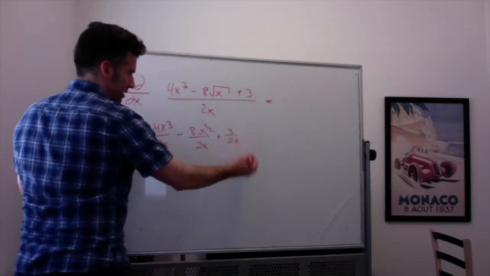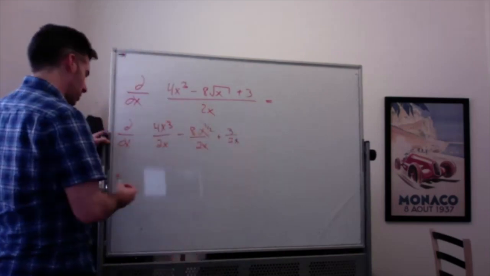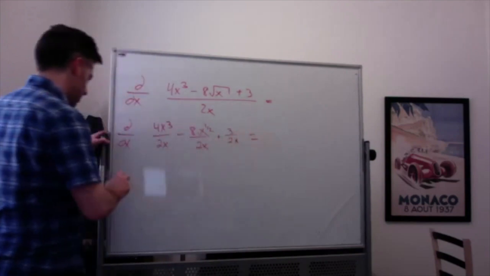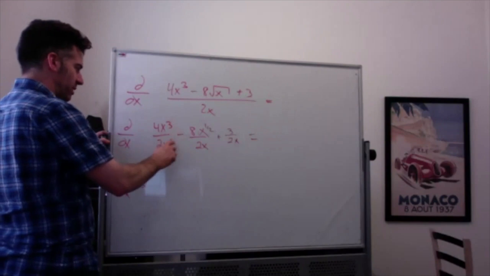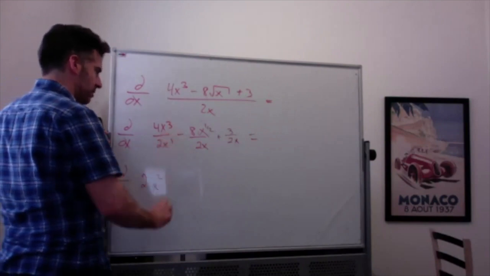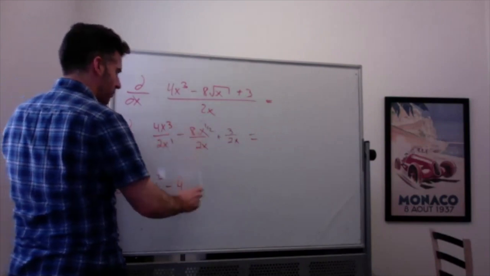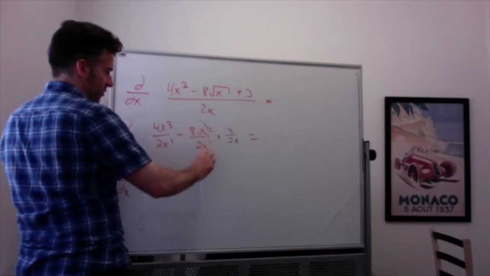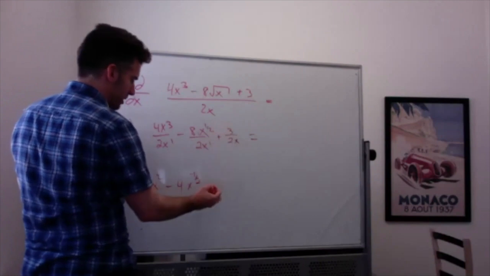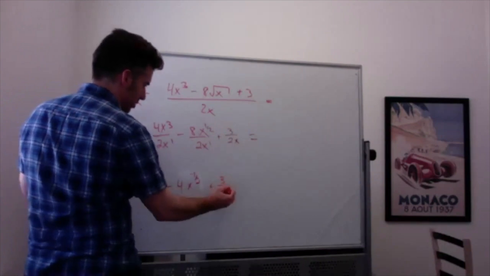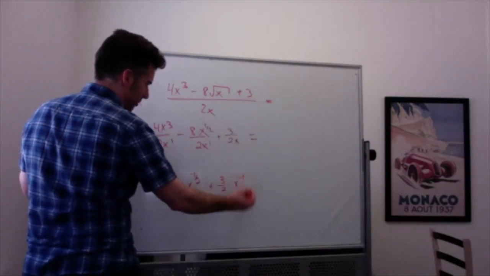I'm going to simplify this a little bit more. 4 over 2 is 2. x cubed over x to the first is x squared. 8 over 2 is 4. x to the 1/2 over x to the first is x to the minus 1/2. And 3 over 2x is 3 over 2 times x to the negative 1.